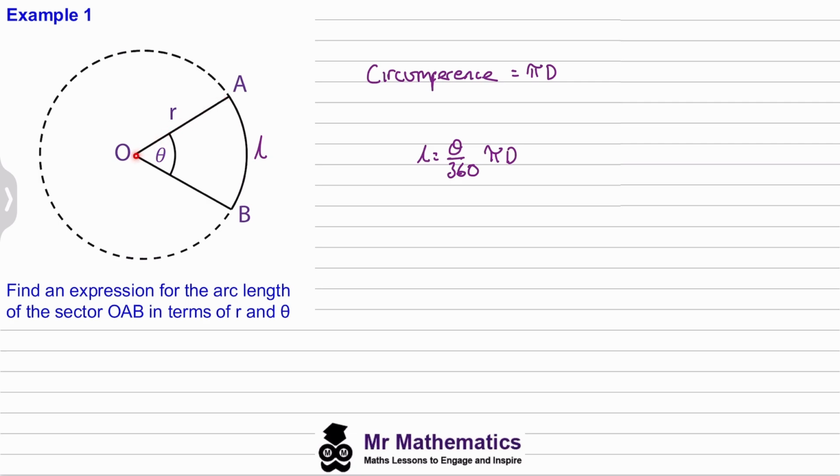We know two radii give us the diameter, so we could say that L will be theta over 360 times pi times 2 lots of a radius. And then we can simplify this. We'll divide this by 2 and this by 2. So we get L will equal theta over 180 times pi r. Okay, so throughout this video, we're going to use either of these two formulae for the arc length of a sector.